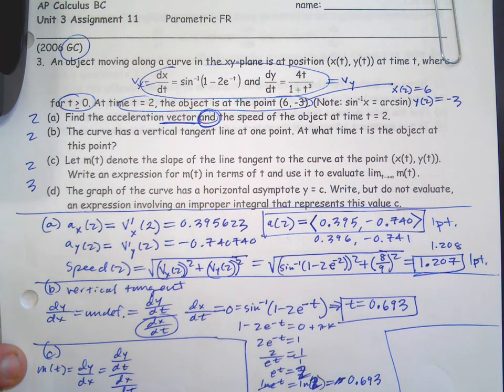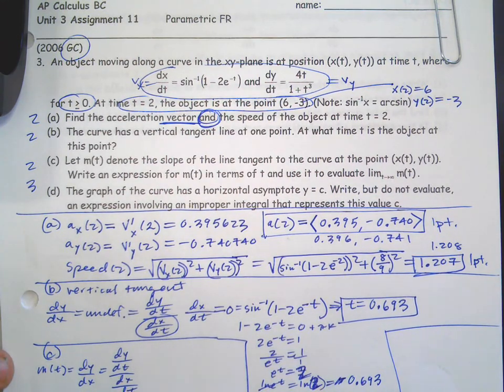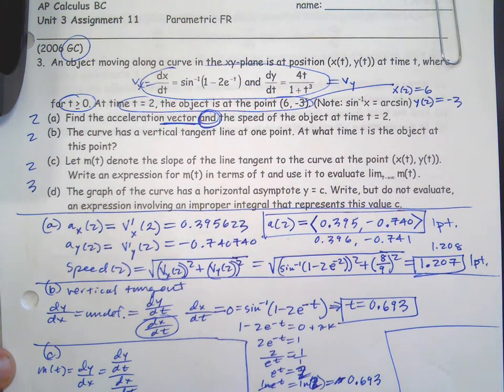So M(t) equals 4t over 1 plus t cubed, over inverse sine of 1 minus 2e to the negative t. That's it. We could write it a little nicer, I guess.